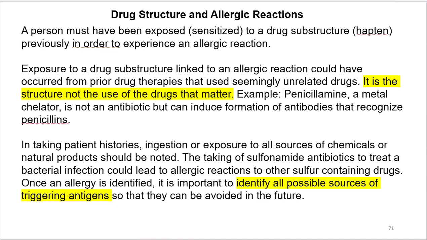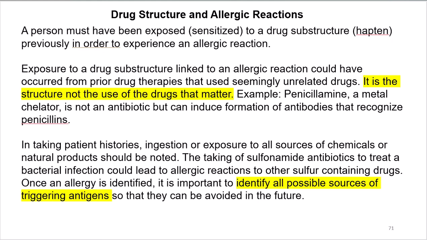For example, penicillamine basically has the structure of the groups in the 5-membered ring on all penicillins. Penicillamine itself can be used to detoxify heavy metals. It has no antibiotic activity, but it has the exact structure.